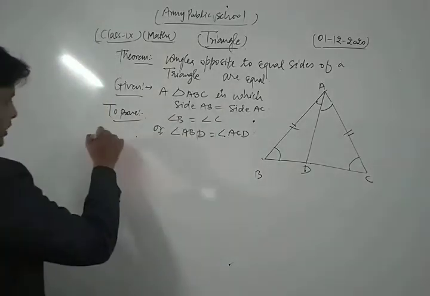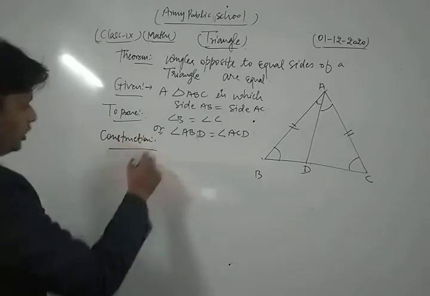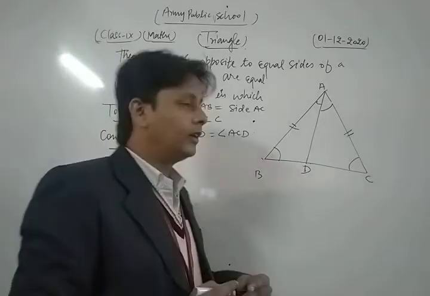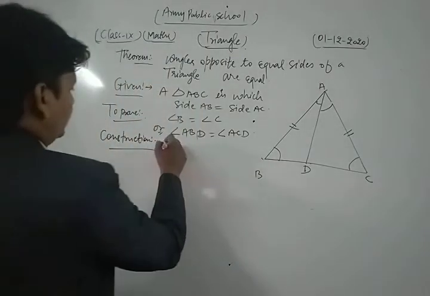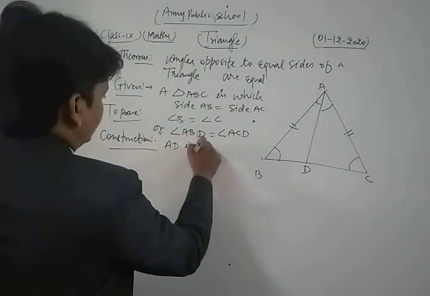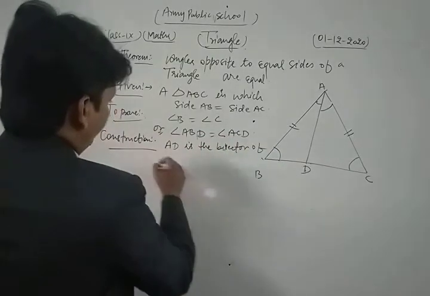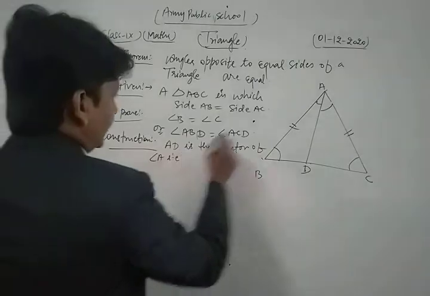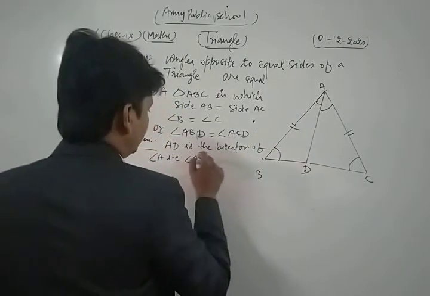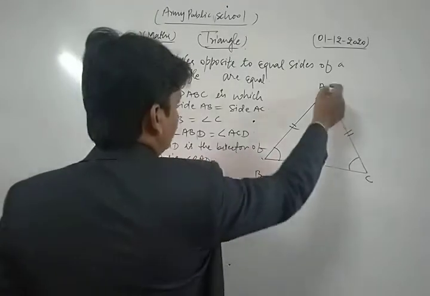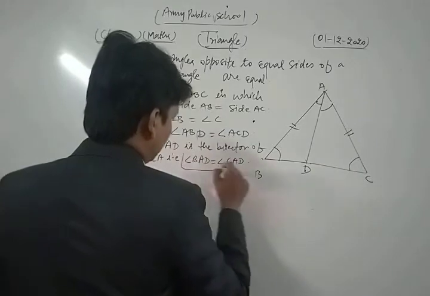Now we have to do some construction, so we write construction. In construction, we draw AD as a bisector of angle A, that is, angle BAD is the same as angle CAD.